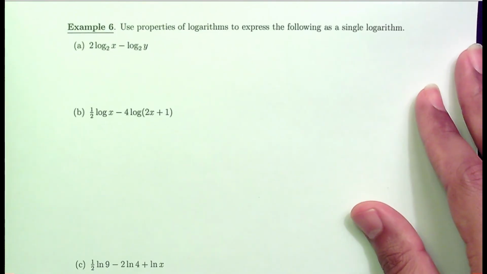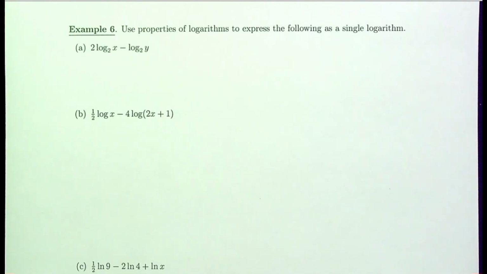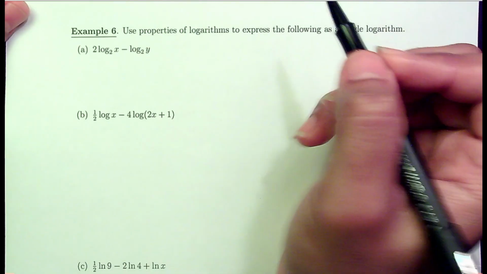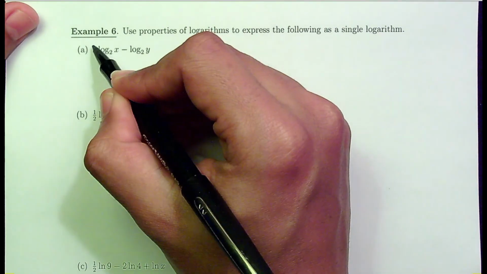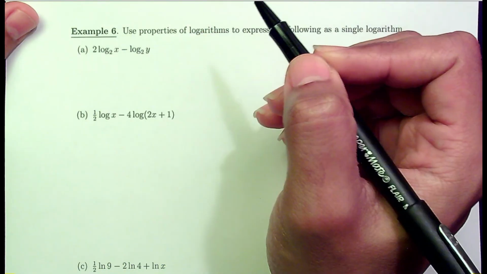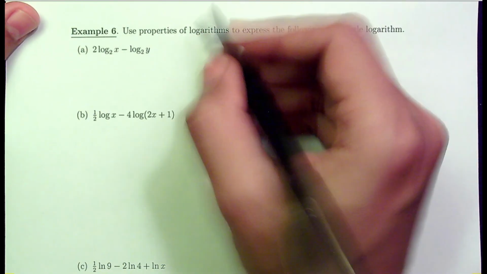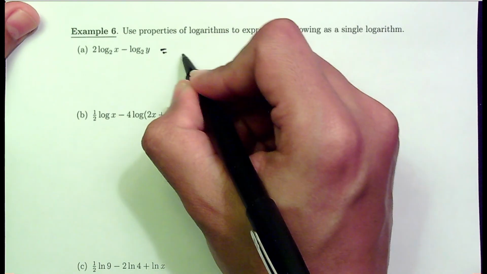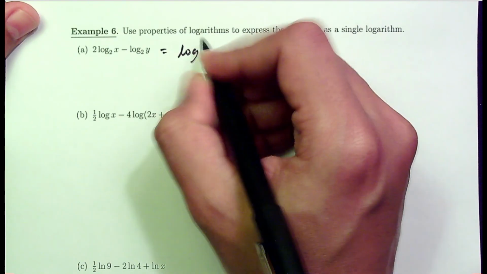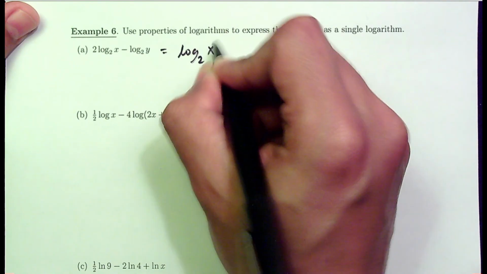Alright, so let's go over them. So we're going to condense this to a single logarithm. So first thing you can do is take the coefficient and put it inside as an exponent. So this is log base 2 of x squared.